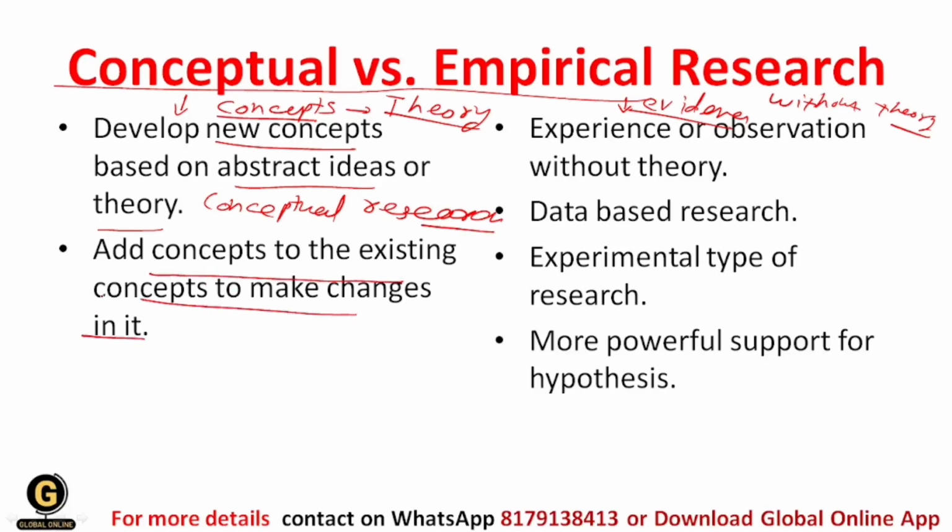Whatever concepts are available, in the form of theory or abstract ideas, to that we add new concepts to make changes in them. That's why here we develop the theory or concepts that are already available.